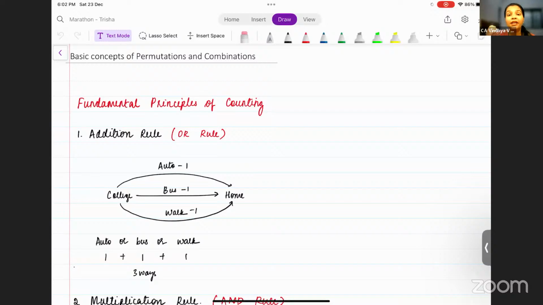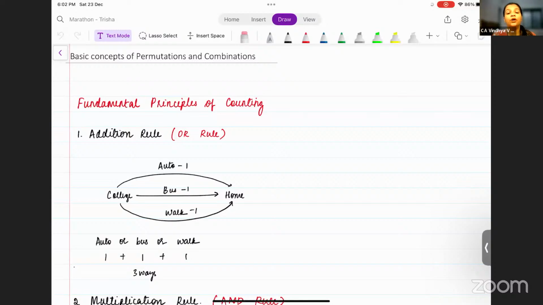Now, out of these three options that you have, that is bus, walk, or auto, can I say you'll choose any one of them, right? So these three options are nothing but your three different alternatives. So if I have to put it in words, I'll say you'll either go by auto or by bus or by walk.